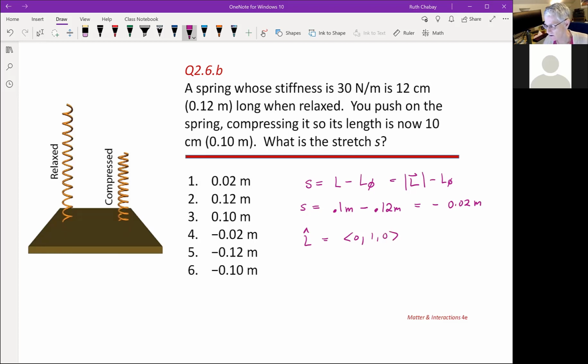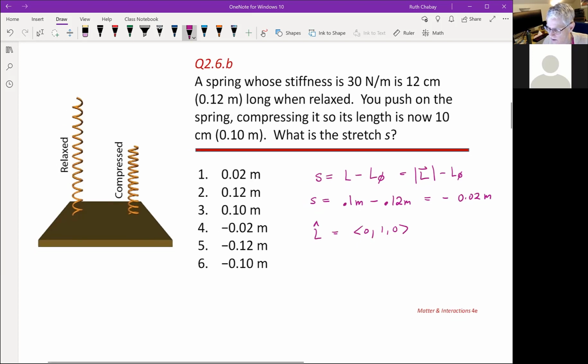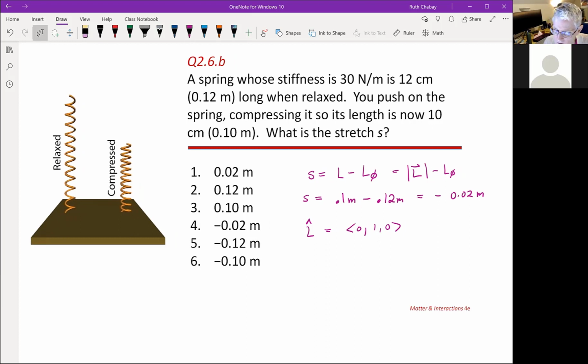We just calculated the stretch. We have the spring stiffness is 30 newtons per meter. So the force on whatever's pushing down on this thing, your hand, that's your hand.